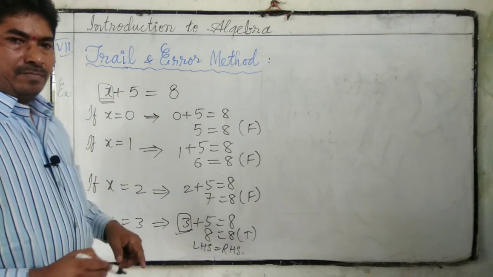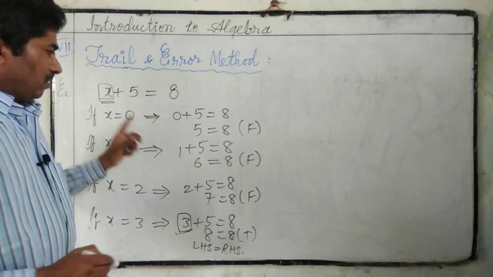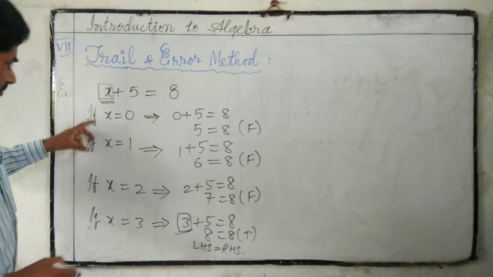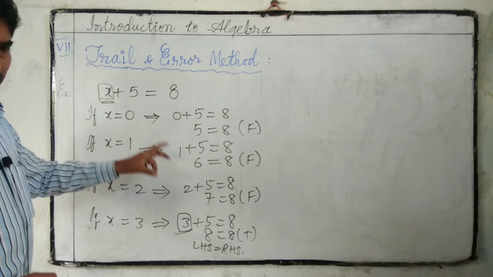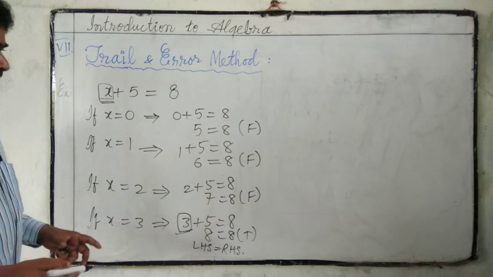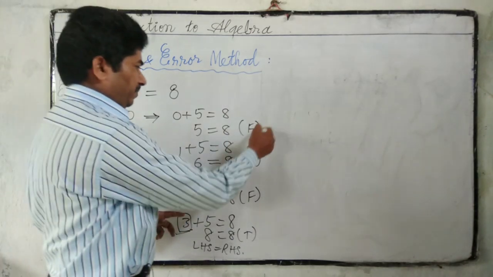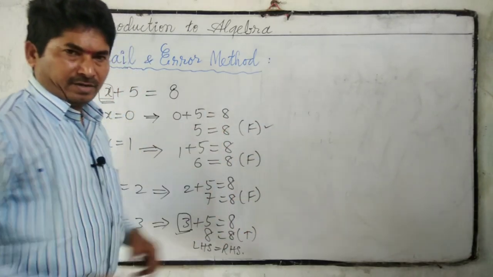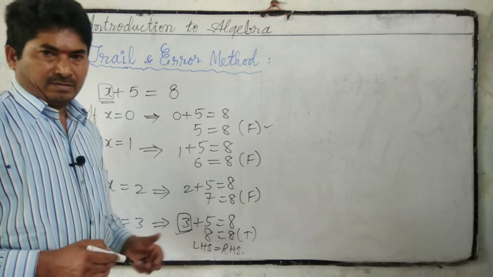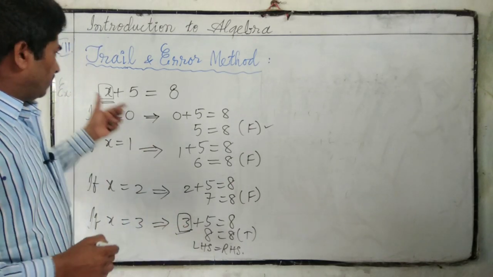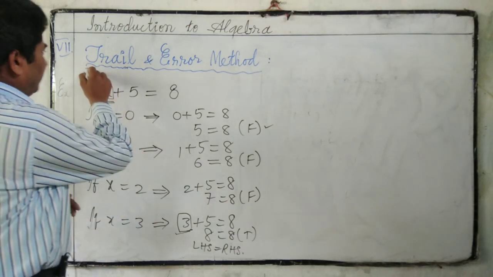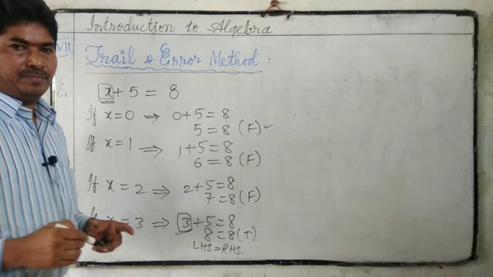So this is called trial and error method. We are trying some values and checking whether it is satisfied or not. If it is not satisfied, we leave it until we get a right value for the variable, then we can stop. This is the trial and error method.